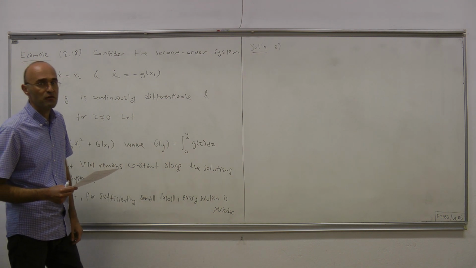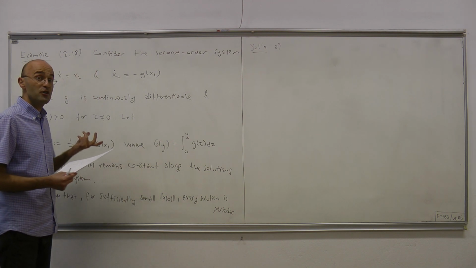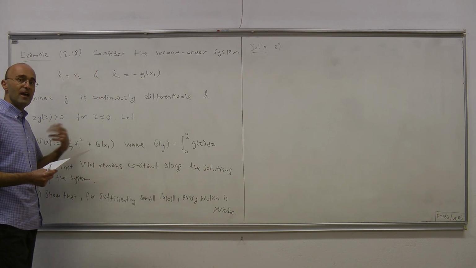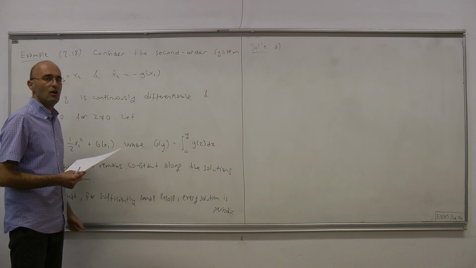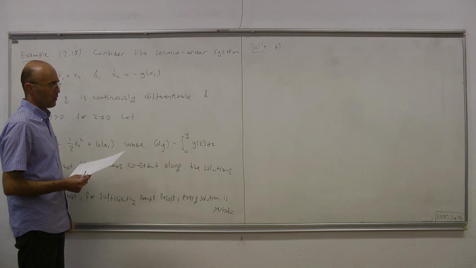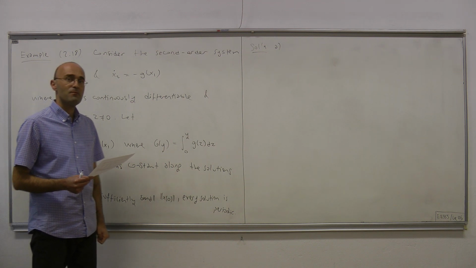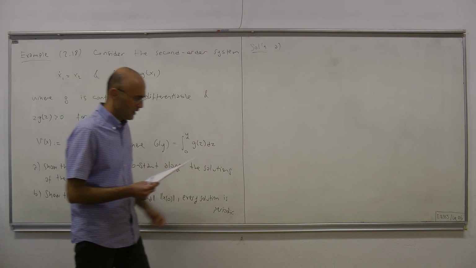So what we're going to do is differentiate with respect to time. We're going to differentiate what? V of x of t, x of t being the solution of the system starting from some initial condition. And hopefully we'll show that the time derivative equals 0.